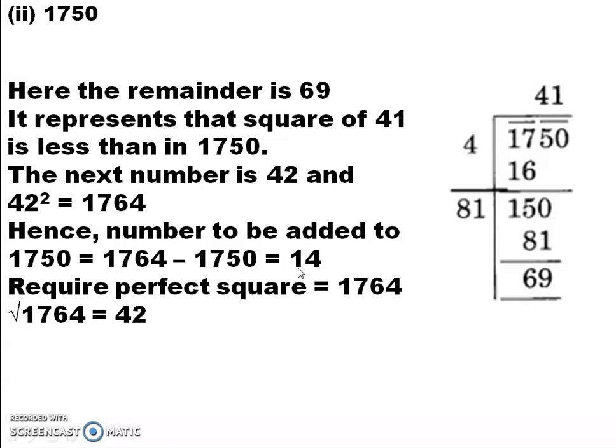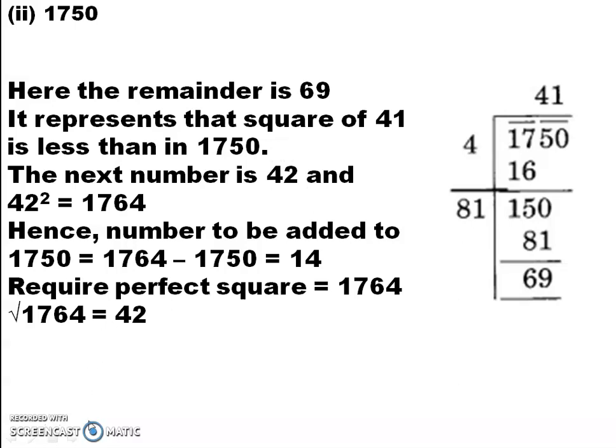It's equal to 14. So what is the least number that should be added to 1750? It is 14. Which is the perfect square higher than 1750? It is 1764. And the square root is 42.